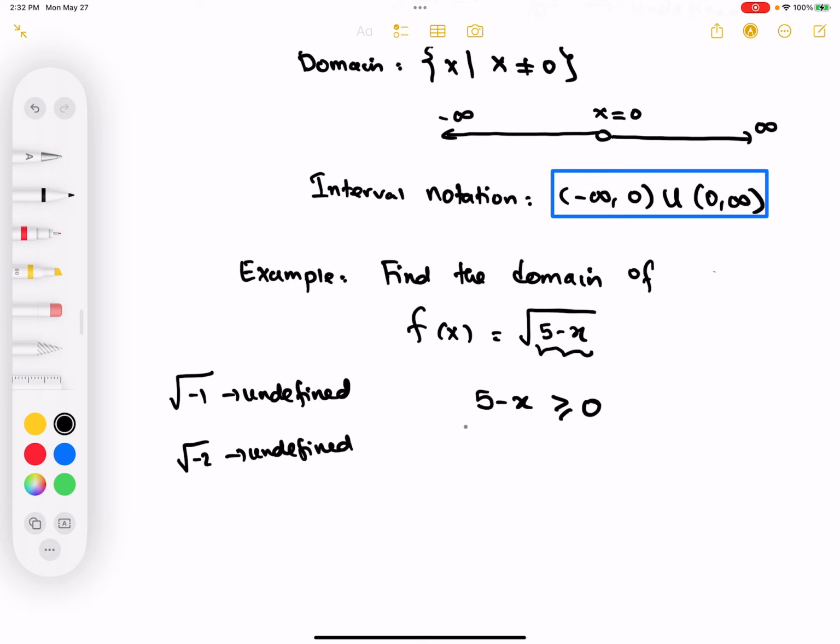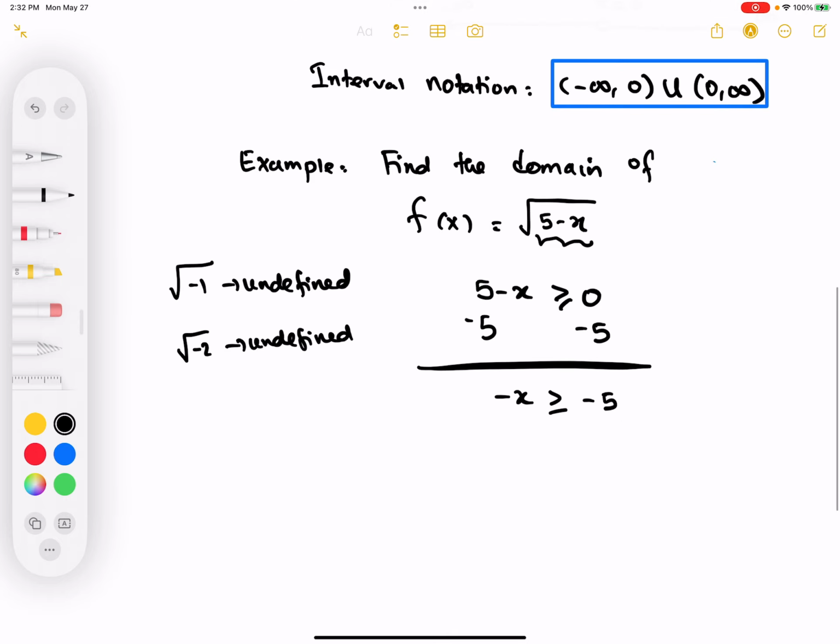Now, do the inequality: subtract 5 from both sides, so minus x is greater than or equal to negative 5. Please, when you solve an inequality, make sure that when you divide by negative 1, the sign will be swapped. That is x less than or equal to 5.